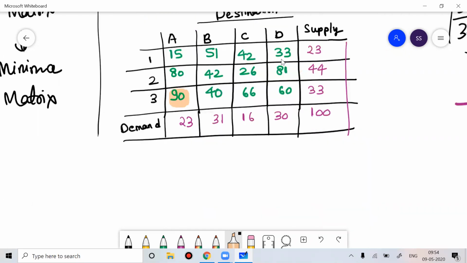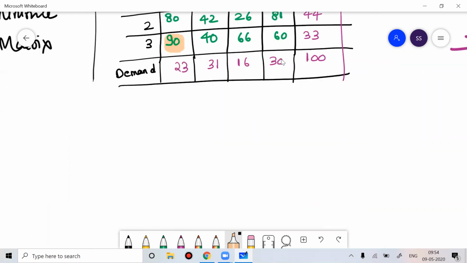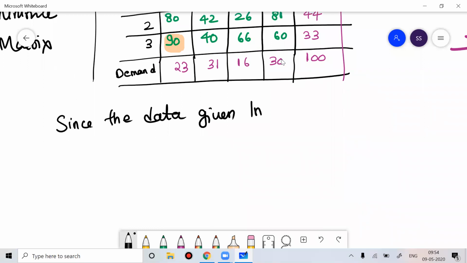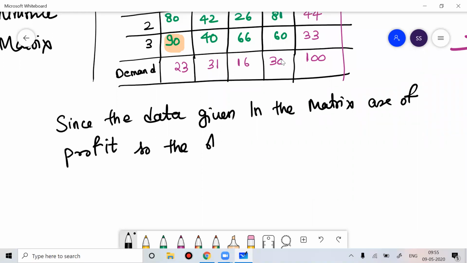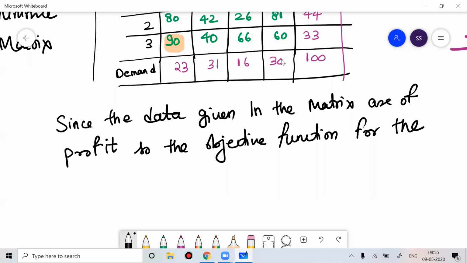So now I'll write: since the data given in the matrix is profit, the objective function for the given problem is maximization.